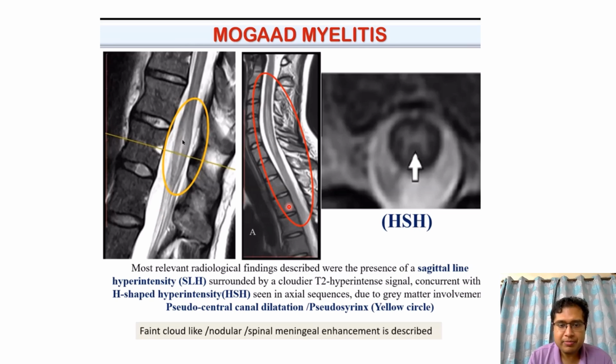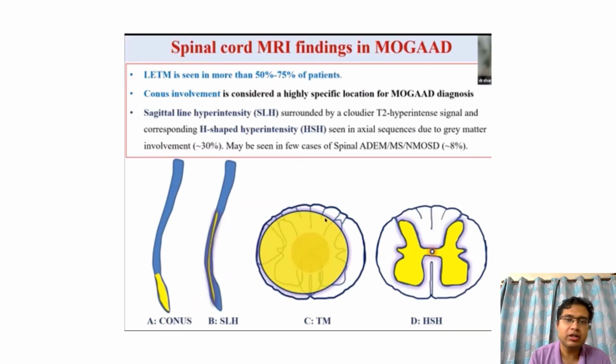And on post contrast images, we typically get faint cloud-like enhancement, which is a spinal meningeal enhancement that has been described. So sagittal line hyperintensity and H-shaped hyperintensity on axial, because of the gray matter involvement, are to be remembered in MOGAD myelitis. Another important feature is that it typically involves the conus medullaris.